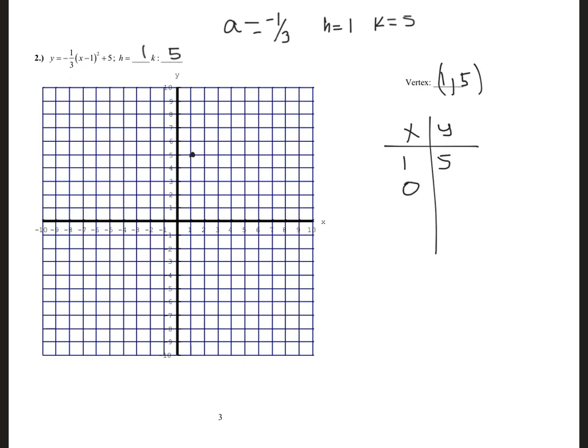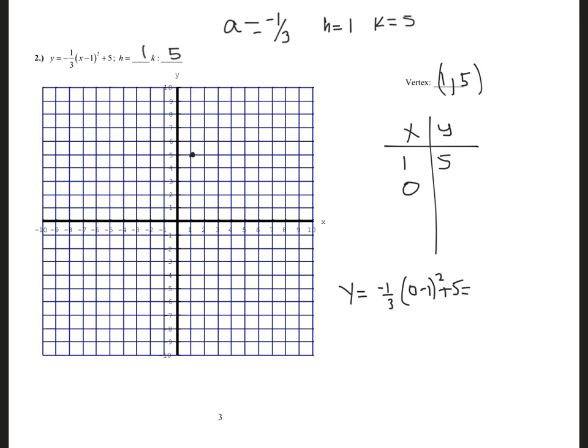Let me do 0, because 0 is convenient. So I do Y is equal to -1/3 times 0 minus 1 squared plus 5. And what do I get when I plug in 0?